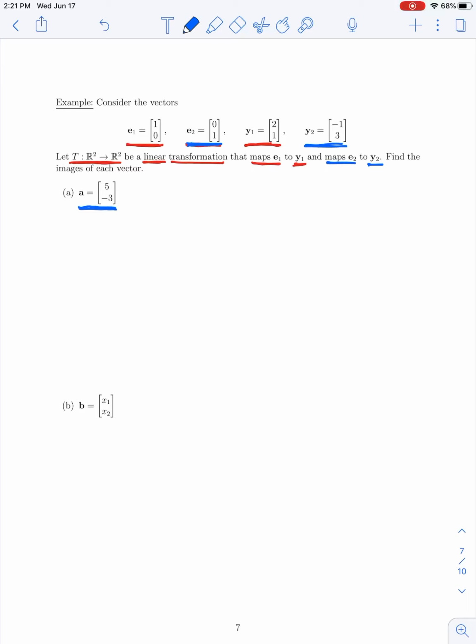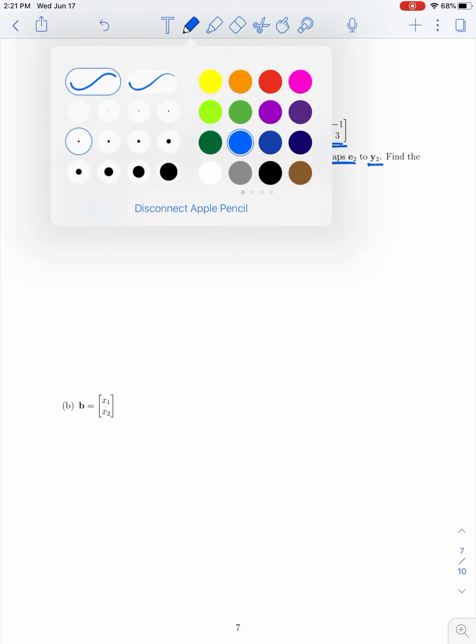So if we don't know what the transformation is defined as, we can't just apply the transformation directly to this vector, but we do know two vectors, E1 and E2, and the images of those two vectors under this transformation. Now, what's special about these vectors E1 and E2 is that they are called standard basis vectors for R2, which we'll discuss a little bit later in more detail in our course.